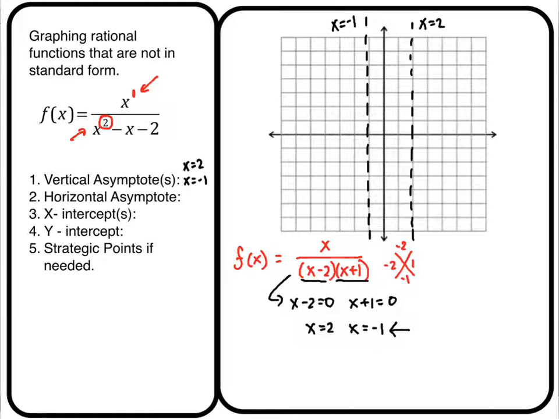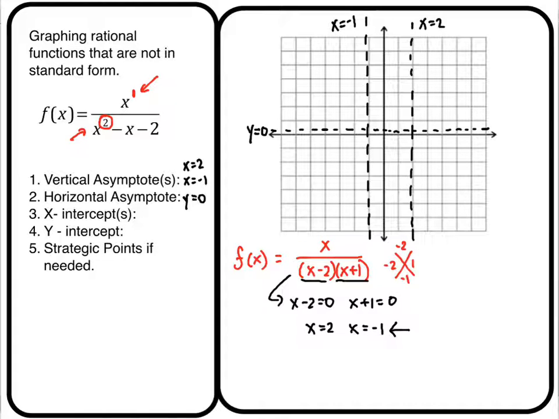We're going to discover why that is a little bit later on. So we just have to follow that algorithm for the time being, and I'm going to put the horizontal asymptote right here. I don't like putting it right on top of the x-axis because you can't see it, so I just label it off to the side as y equals 0.